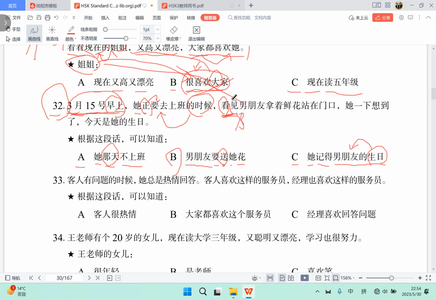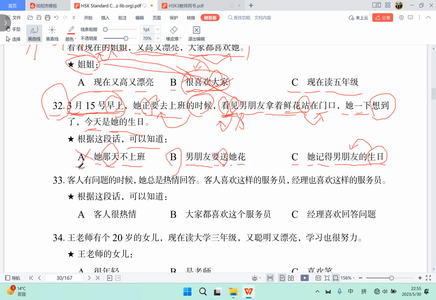We just use 见. 见 is like a result complement, indicating some action has been done. 看见什么, saw what? 看见男朋友拿着鲜花, holding fresh flowers, 站在门口, standing in front of the door, the gate. 他一下想到了, in one moment she remembered 今天是她的生日, today is her birthday, right?